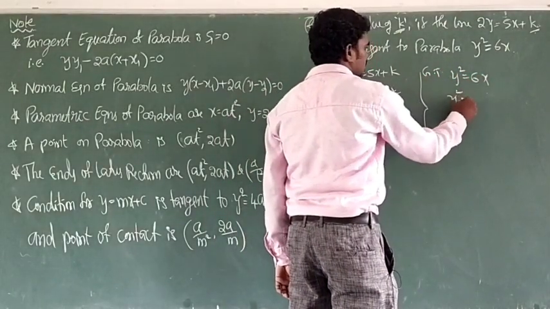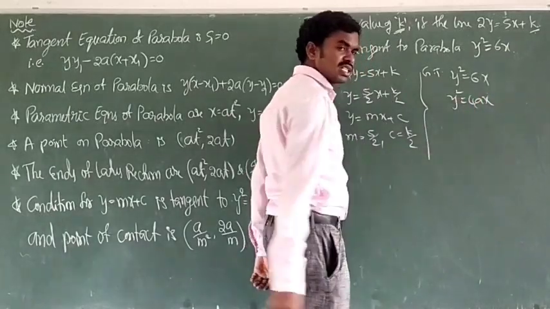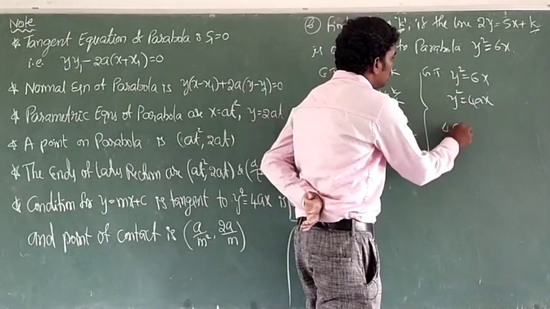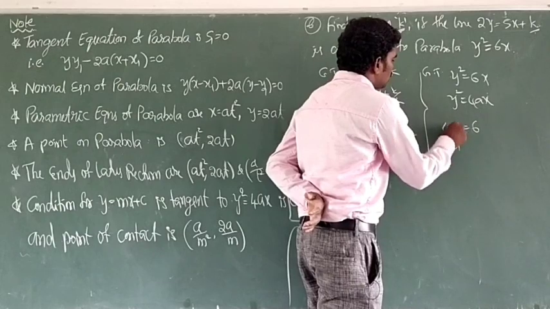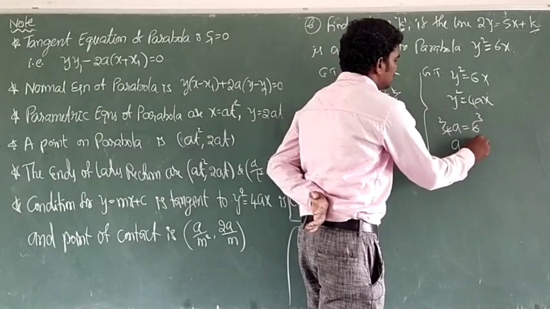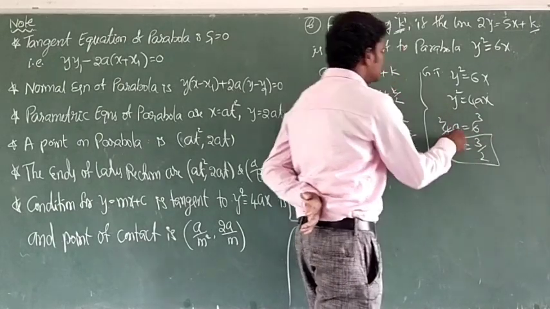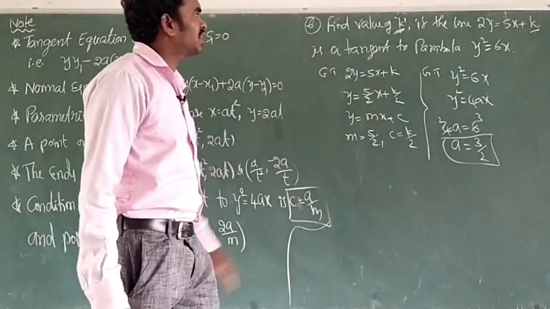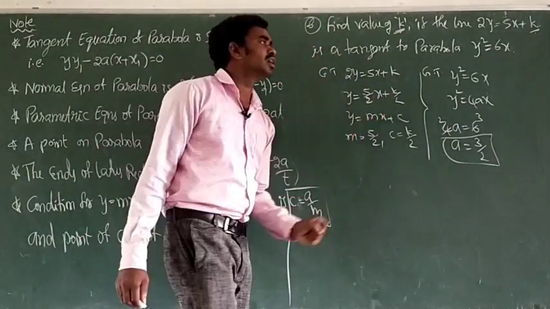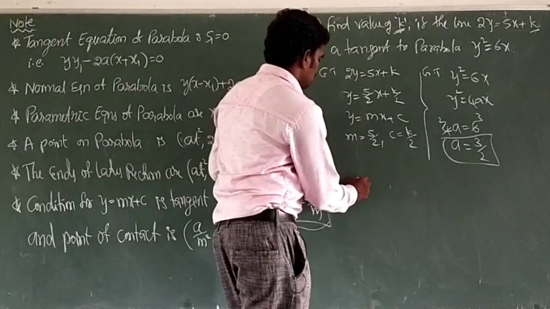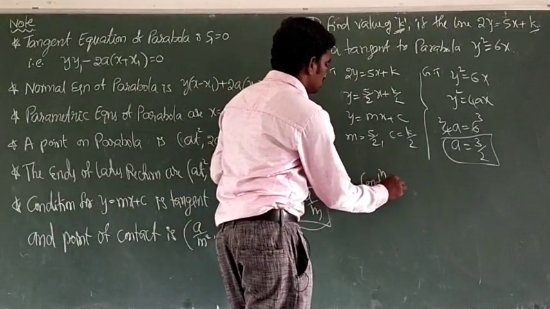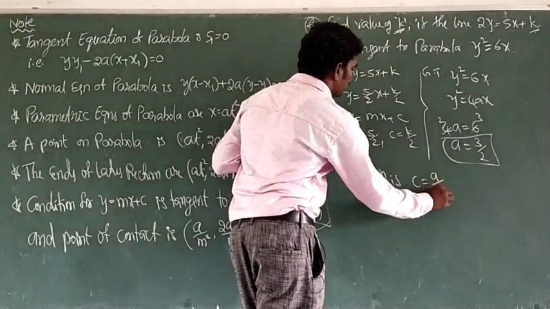Next, the parabola equation is also given, that is y² = 6x. Comparing with the general equation y² = 4ax, tell me what is 4a? 6. So a value is 3/2. So we have every value we can write from the given equations. Now take the condition c = a/m.